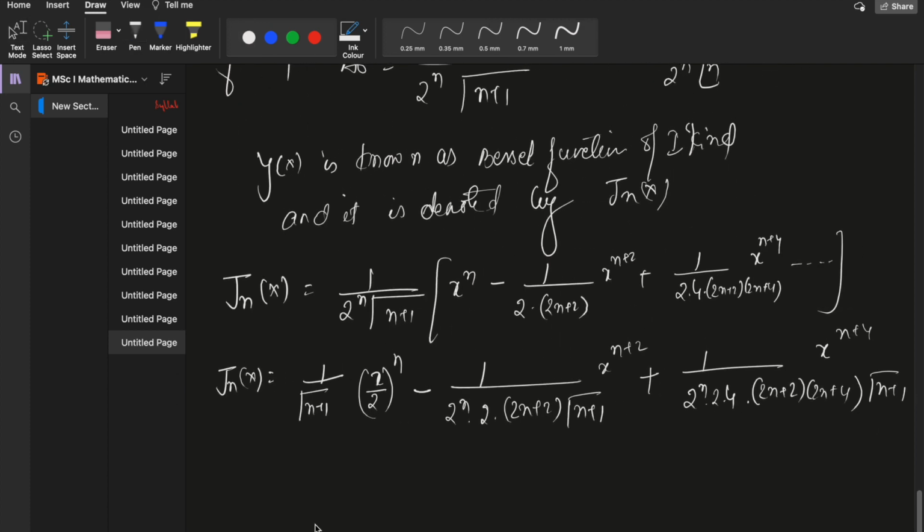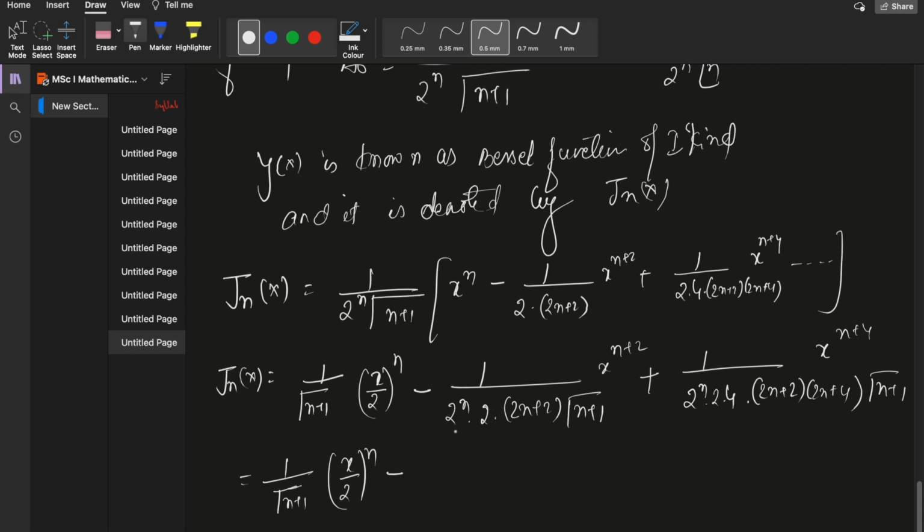All right, so just write it as 1 upon gamma n plus 1 times x upon 2 to the power n. All right, minus, I can see if I take 2 common from these two factors, this will give me 2 to the power 2 and 2 to the power n.